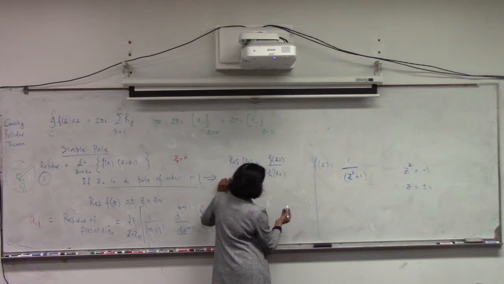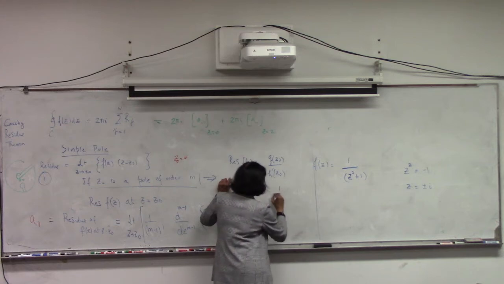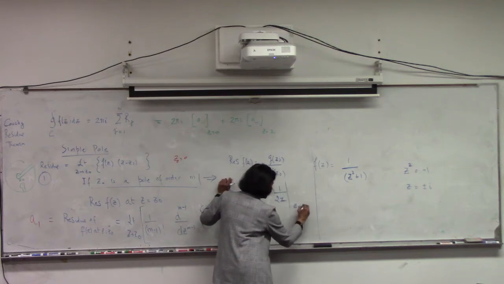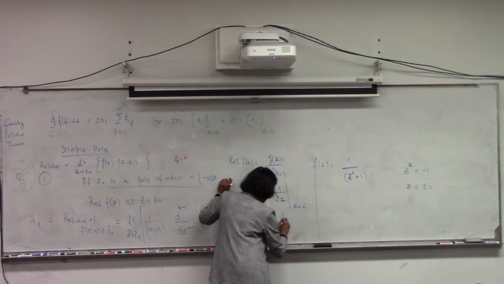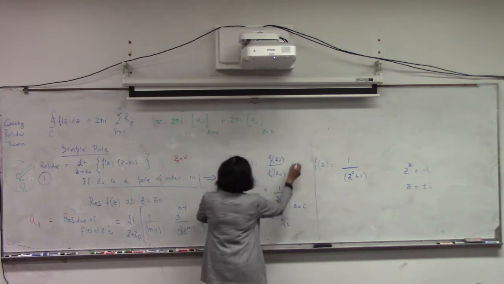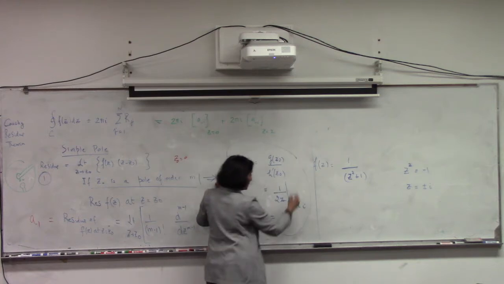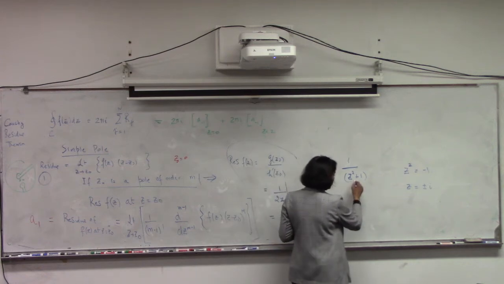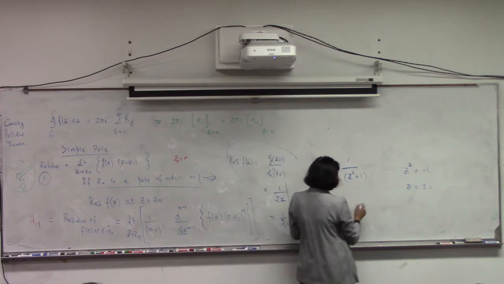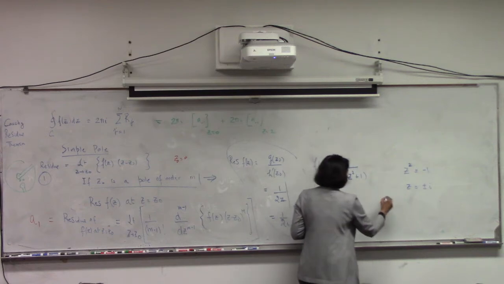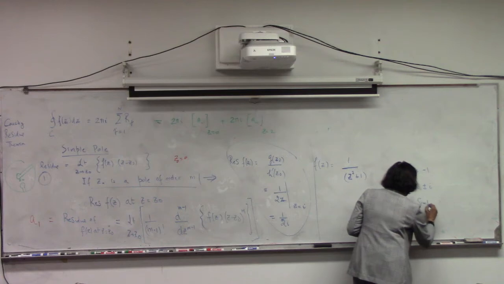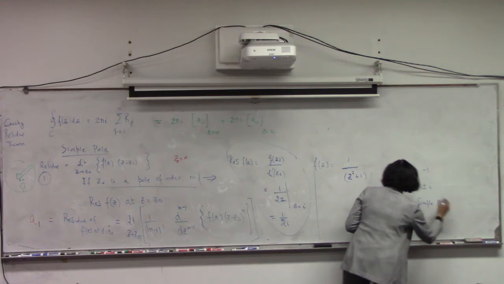The numerator is a constant. The denominator derivative is 2z, right? And this has to be evaluated at z equal to plus i. So this is 1 over 2i based on this formula. If I did it the other way around, this is a simple pole, right? Because it's not z squared plus 1 whole squared. So z equal to plus i is a simple pole.